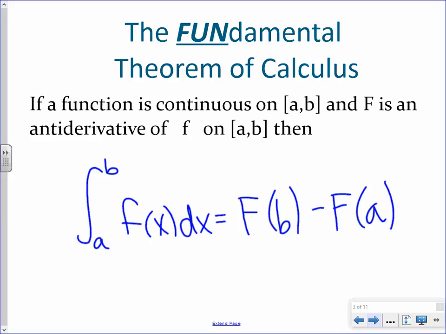Now, basically all we have to do is find our antiderivative and then plug in our limits of integration. Okay? I don't know if I ever officially defined these, but these are what we call limits of integration.